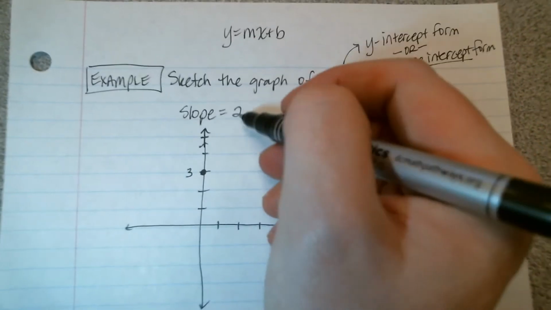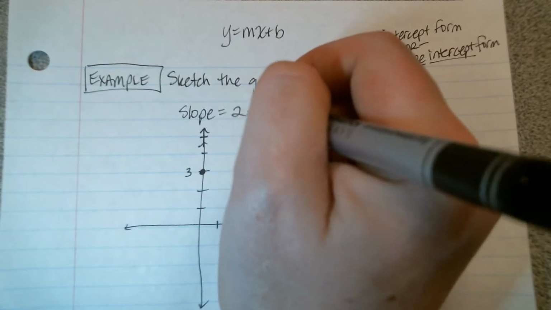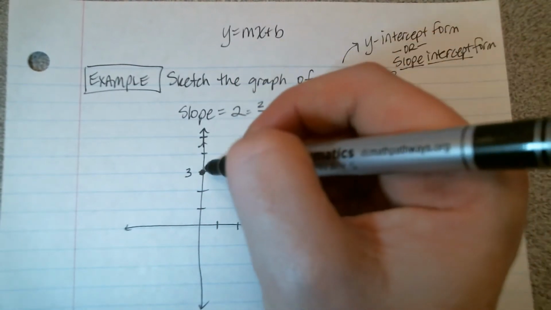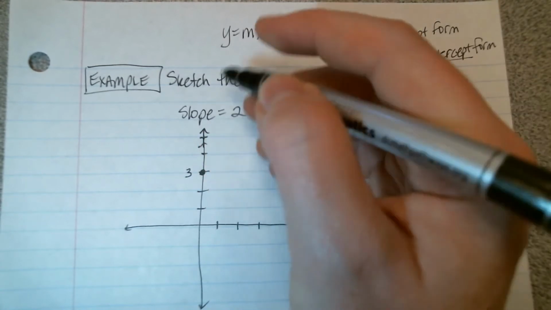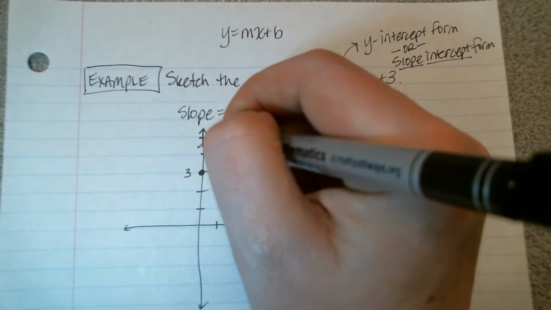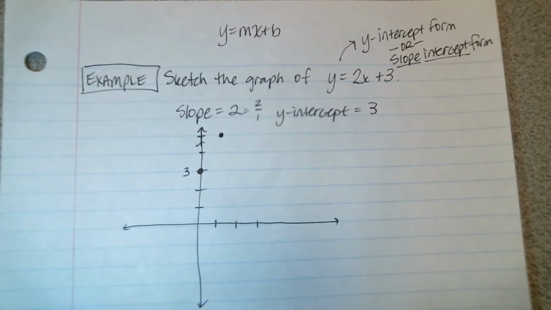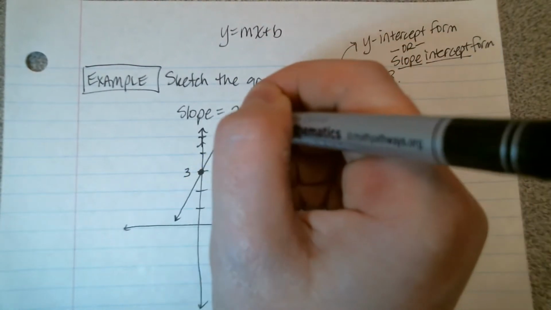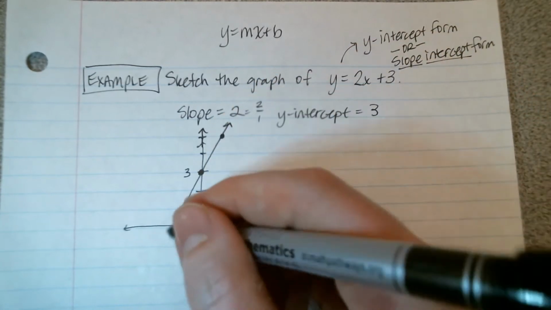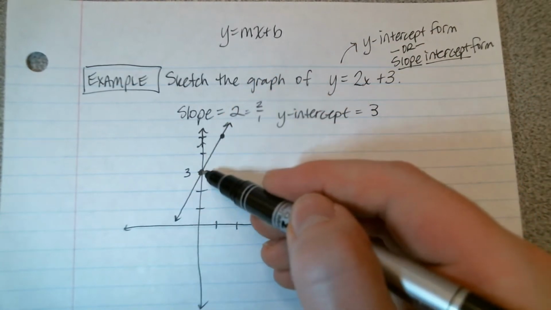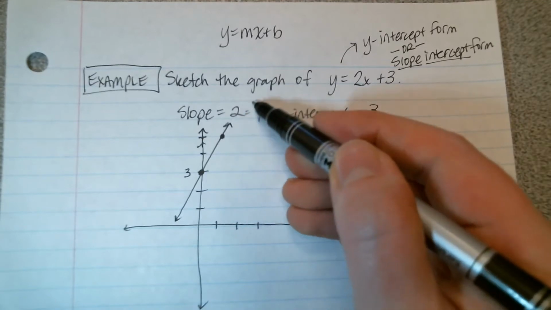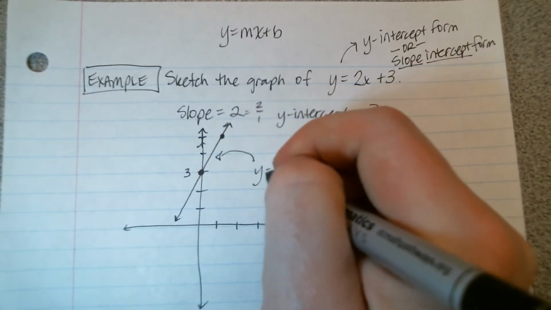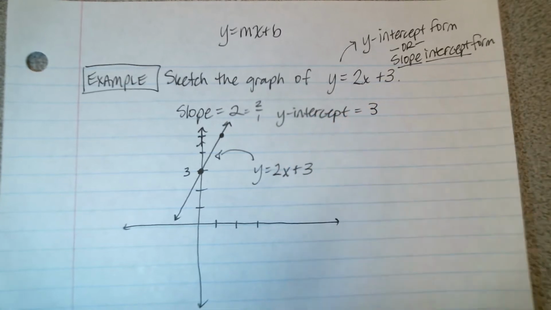Okay, so the slope is 2, or in other words, 2 over 1. Rise over run. So I'm going to rise 2 units, 1, 2, and over 1. And there's 2 points, so I connect the dots and extend them as much as you can within your coordinate system, right? It's not just a line segment from here to here, it's an entire line. So right there, we just graphed y equals 2x plus 3.